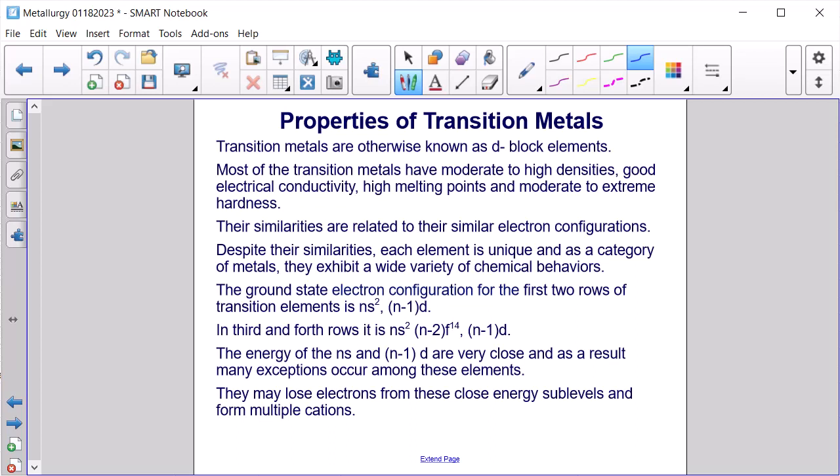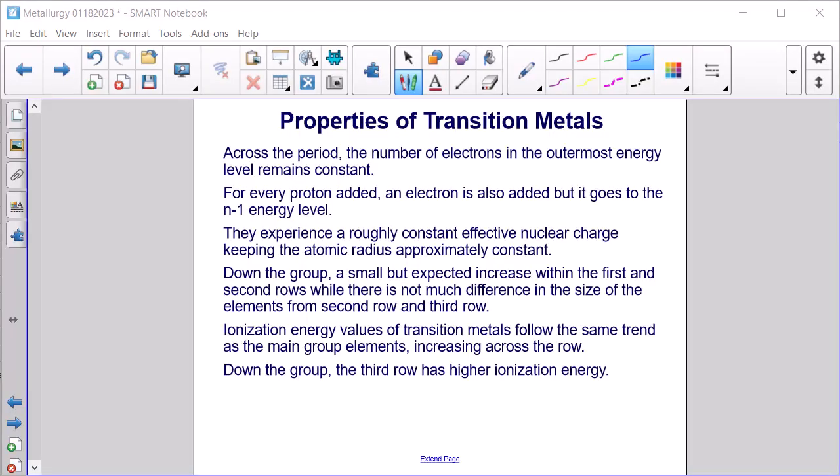In the third and fourth rows, it is ns2, (n-2)f14, (n-1)d. The energies of the ns and (n-1)d are very close, and as a result, many exceptions occur among these elements. They may lose electrons from these close energy sublevels and form multiple cations.